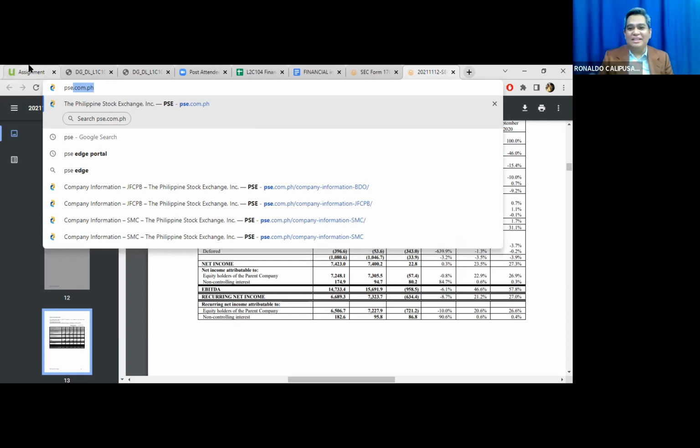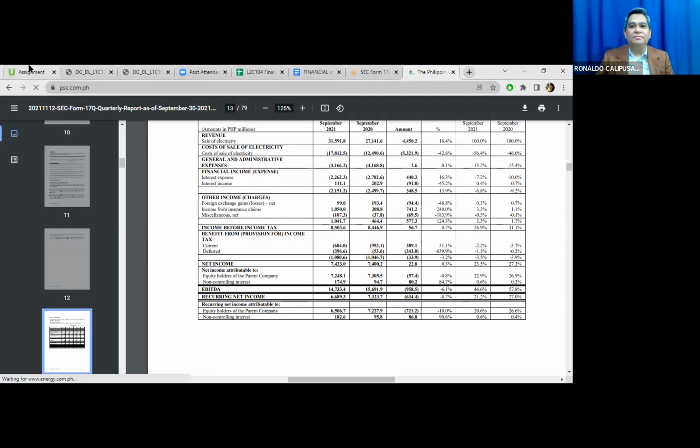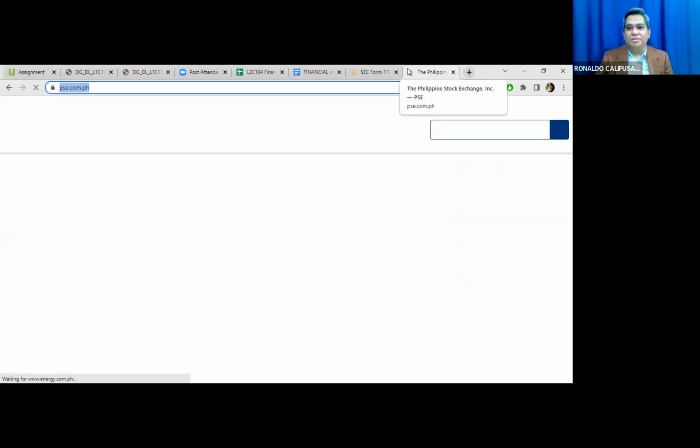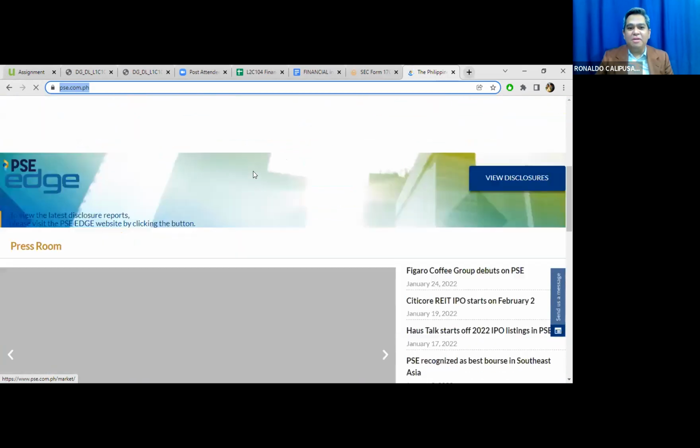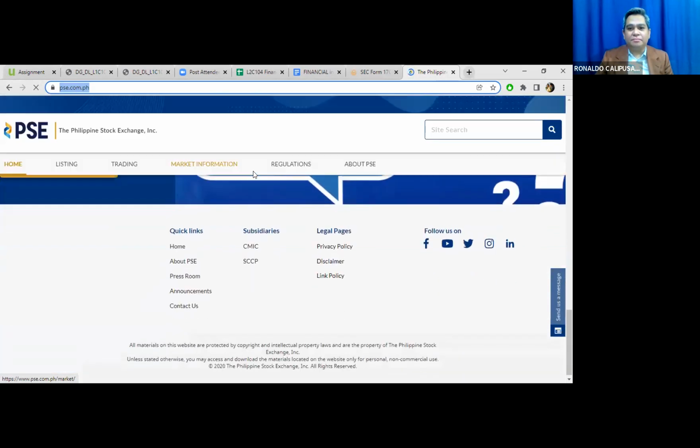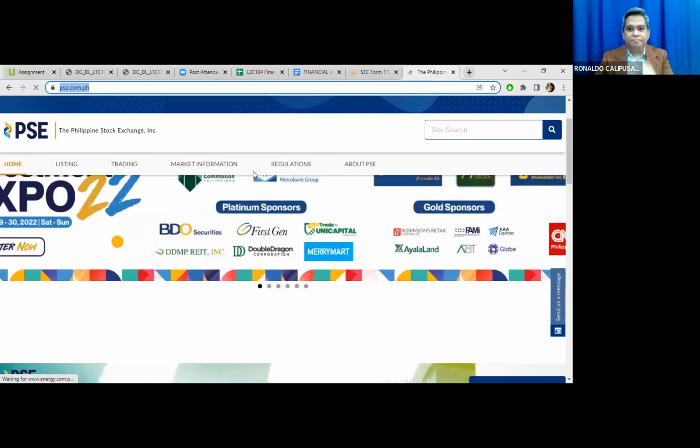These are the publicly listed companies in the Philippines. You will be going to the Philippine Stock Exchange and looking at the listed companies.